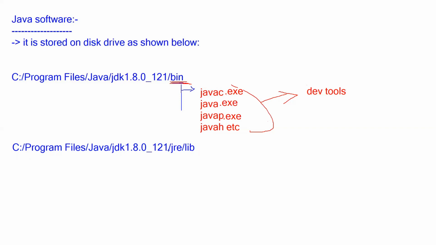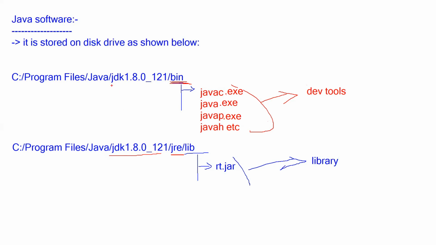In this lib folder, you can find a library file called rt.jar. This is a library file which contains the APIs, and this is a JRE here.